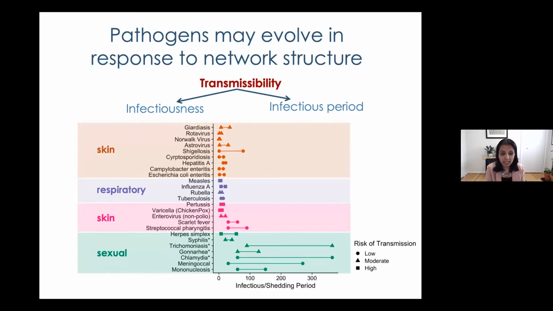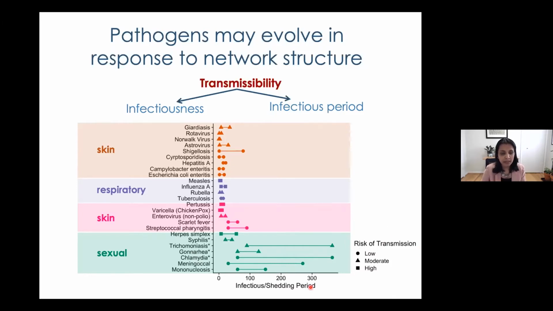And we find that the evidence is that sexual pathogens tend to have a much higher infectious period rather than a higher risk of transmission. There's certainly theory in disease ecology that tells us why this might be, so it's useful to see evidence for this in this context as well.